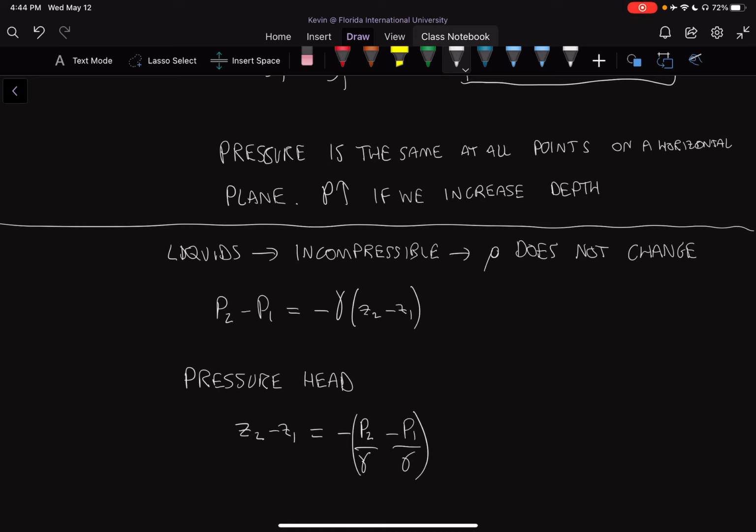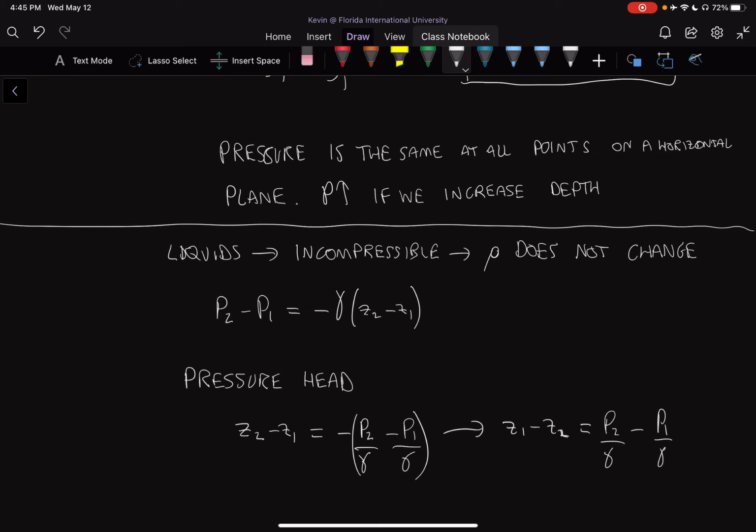So now we're looking at z2 minus z1, and it's giving us a certain pressure. We can go further and just flip all the signs, so instead of z2 minus z1, we can say z1 minus z2 is equal to P2 over gamma minus P1 over gamma.